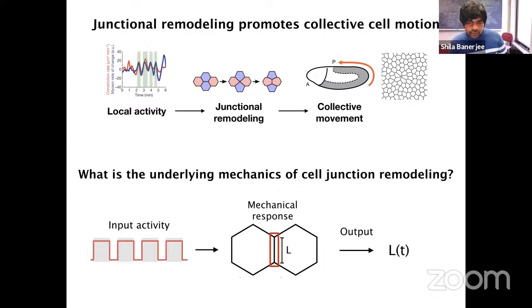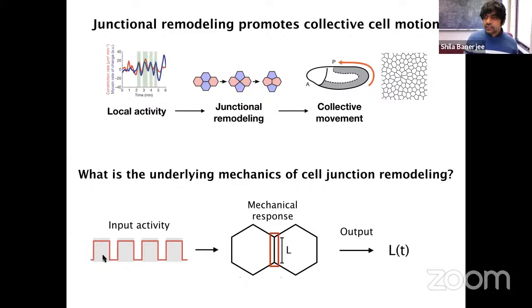So the question we wanted to ask is, if we have pulsatile activity, as we saw before, like the pulsatile activity of Rho and myosin that can drive junctional contraction, and that leads to morphogenesis. So if you simplify it and ask this question: if there is pulsatile activity, let's say of Rho and actomyosin, how does it lead to plastic deformation at the scale of an individual junction, right?